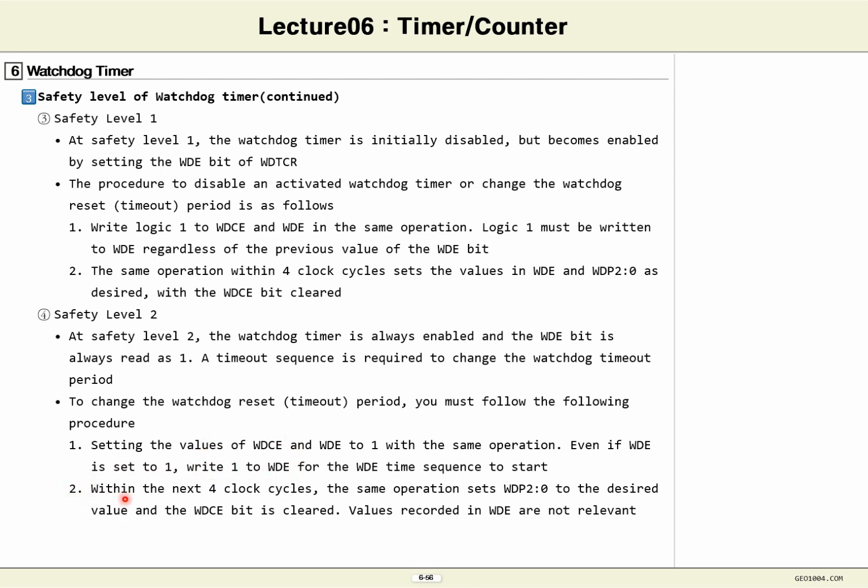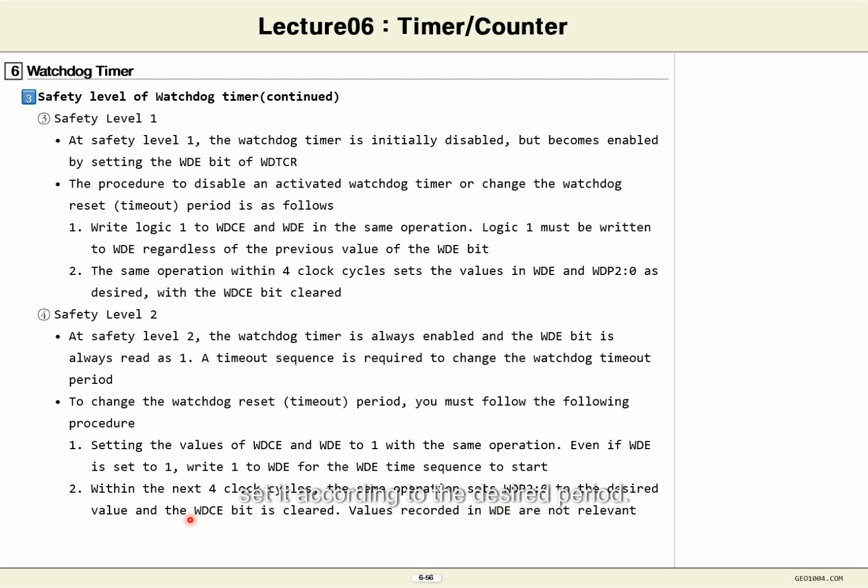Next, within 4 clock cycles, the values must be set to bits 2, 1, and 0 of the watchdog prescaler using the same operation.